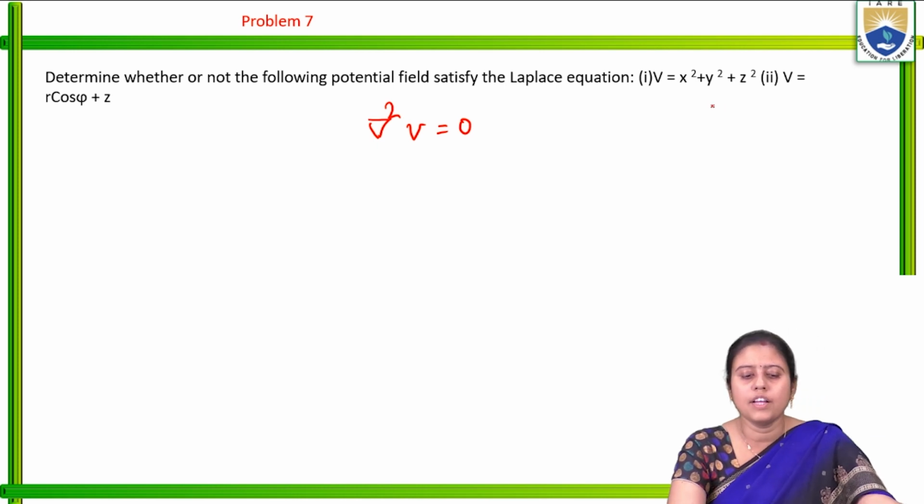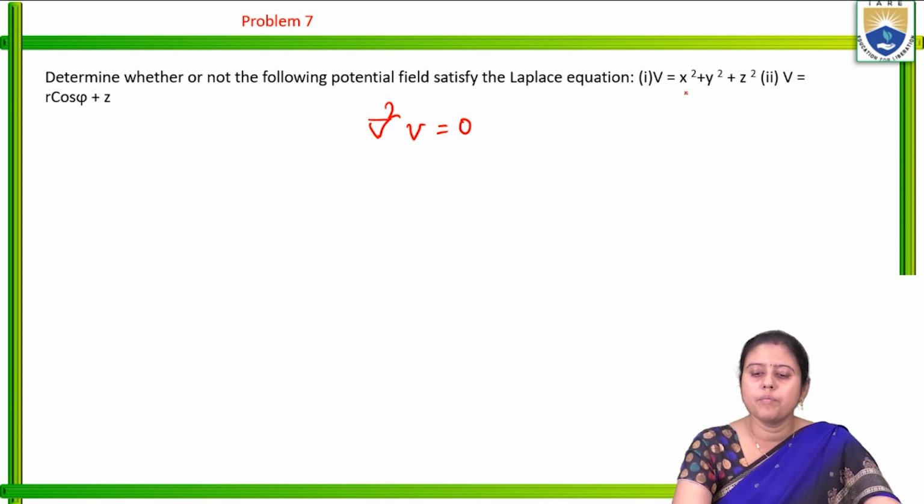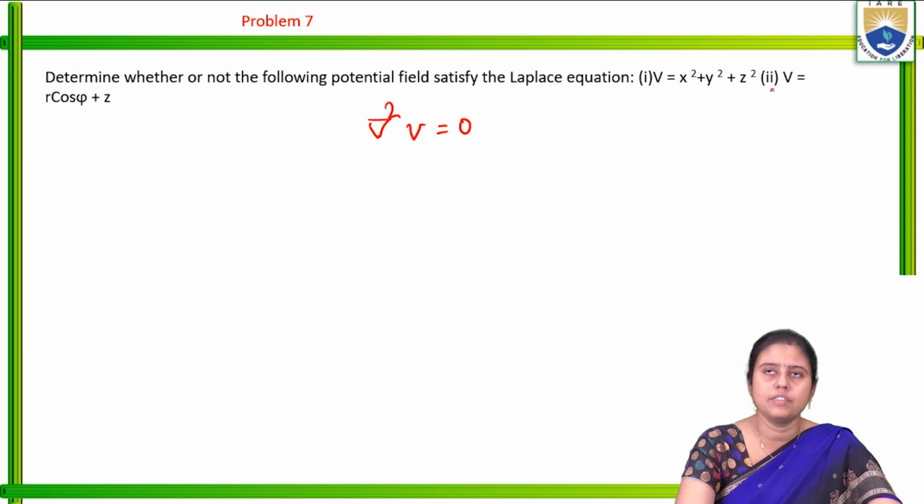So, we will do the first equation. This is given as x square plus y square plus z square.